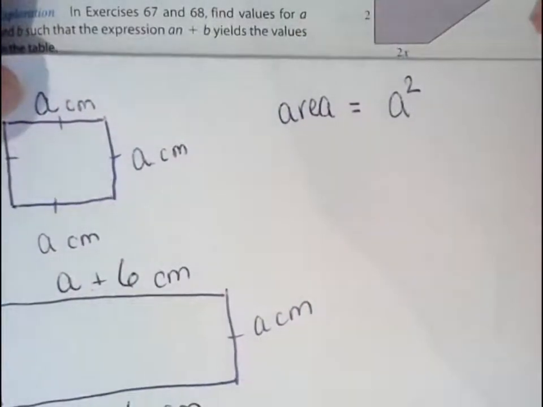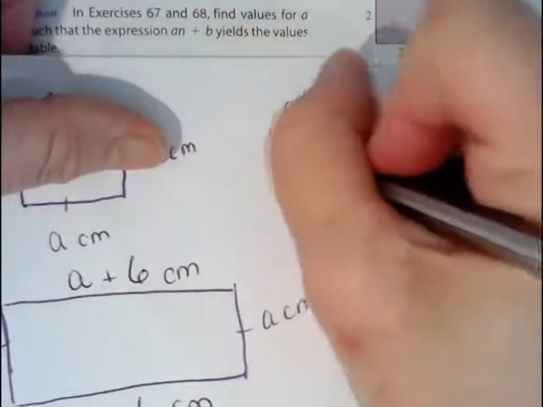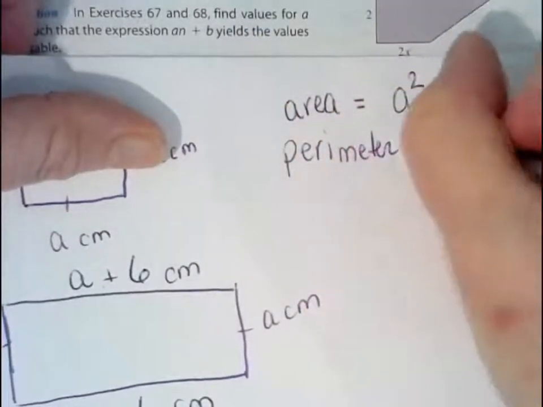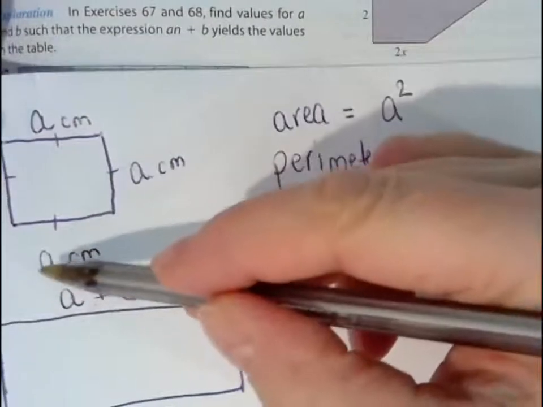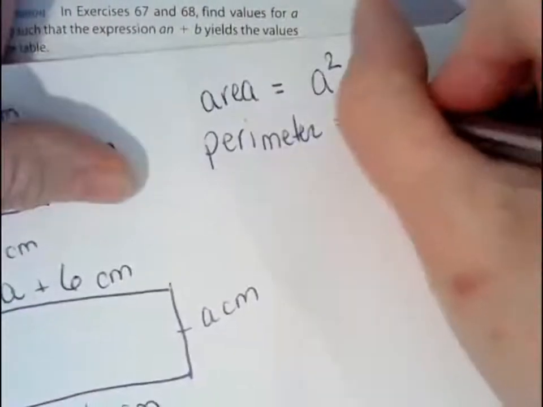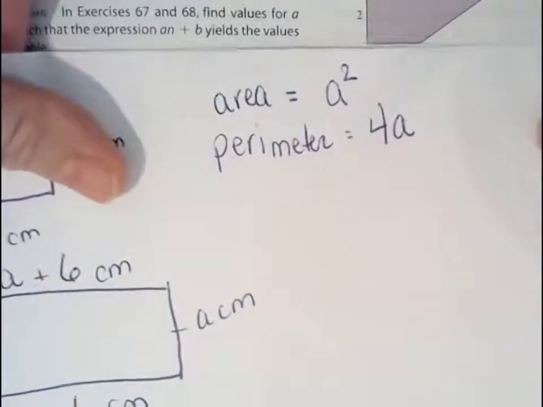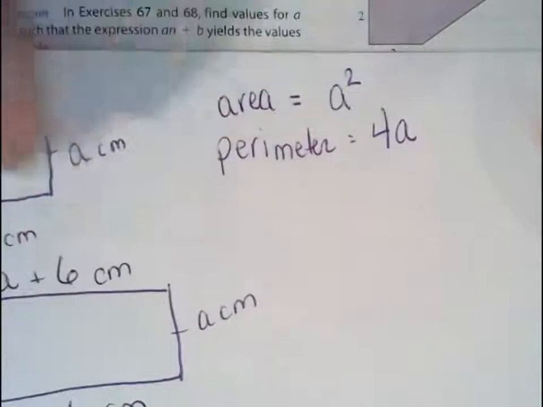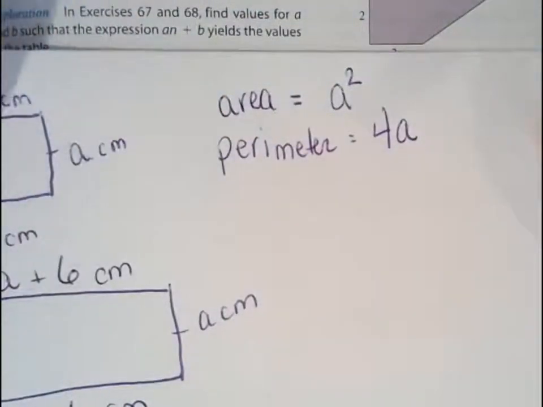And then our perimeter for the square is going to be a plus a plus a plus a. So it's going to be 4 times a. Okay? So the area of the square is a squared. The perimeter of the square is 4 times a.